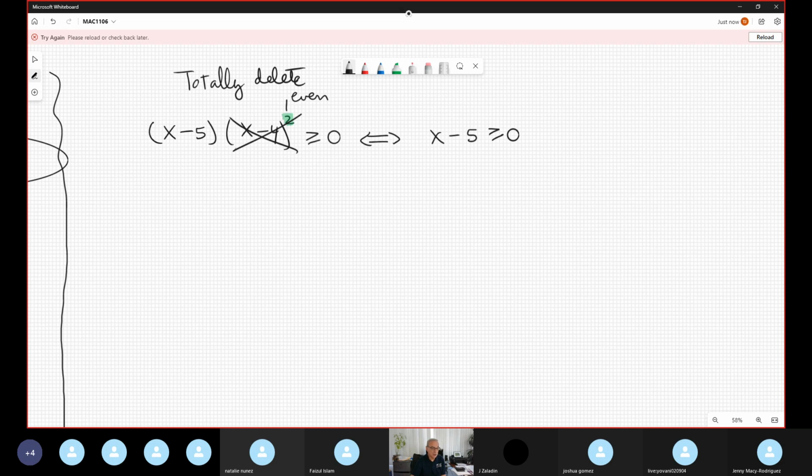And you focus on this elementary inequality, x greater than or equal to 5, and you express that answer in interval notation. Always the final answer in this problem, we express in interval notation. It is bracket 5, comma, infinity. Do you understand this very well or no?